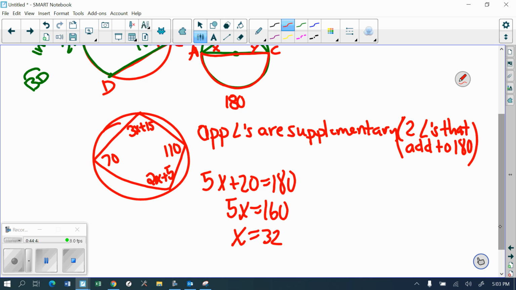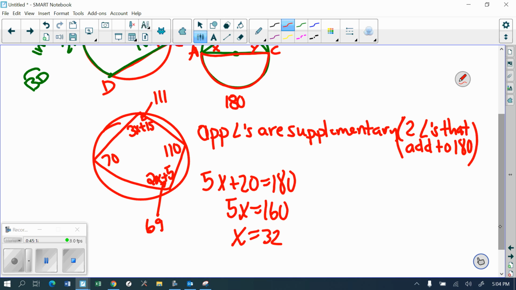And then if it asks for the angle measure, you'd plug it back in. 2 times 32 is 64 plus 5 is 69 degrees. Then I could just subtract from 180 to get the other one. 180 minus 69 is 111. Those two add to 180. So inscribed quadrilaterals, the opposite angles are supplementary. Okay, so that's inscribed angles.